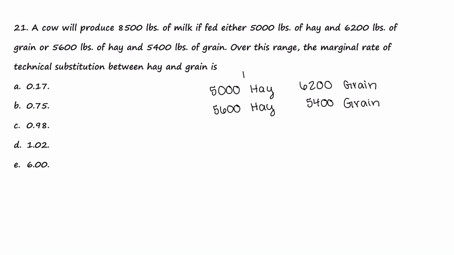So for this, we're going to use hay as our K and grain as our L. And we know that our marginal rate of technical substitution is change in K versus change in L. So our change in K is from here to here, which is 600.